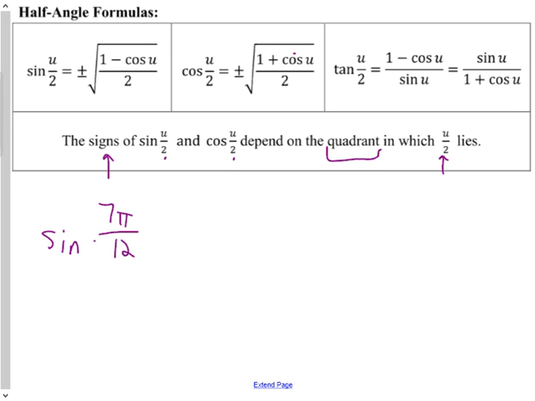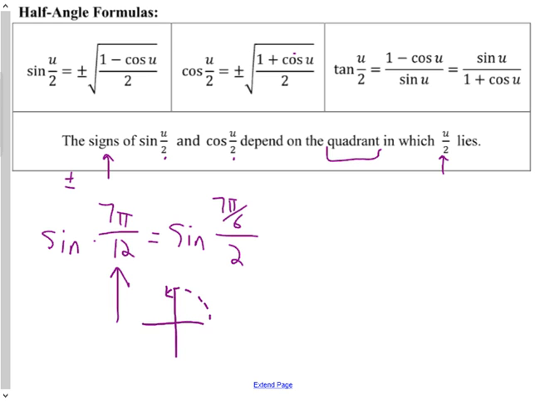I can't figure that one out really easily, but this is equal to sine of 7 pi over 6 half, and then we can use this formula up here. But what we need to do is consider what the sign, plus or minus, is going to be for 7 pi over 12. Then you just go back to your unit circle.